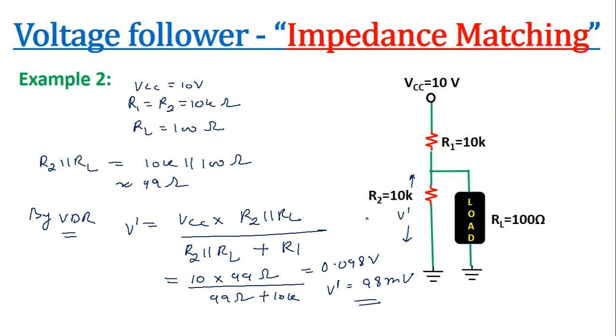Now for example, if the load needs a voltage of 5 volt, this load resistance RL needs 5 volt. But here the voltage divider circuit is providing only 98 millivolt to this load, which is very low as compared to 5 volt.